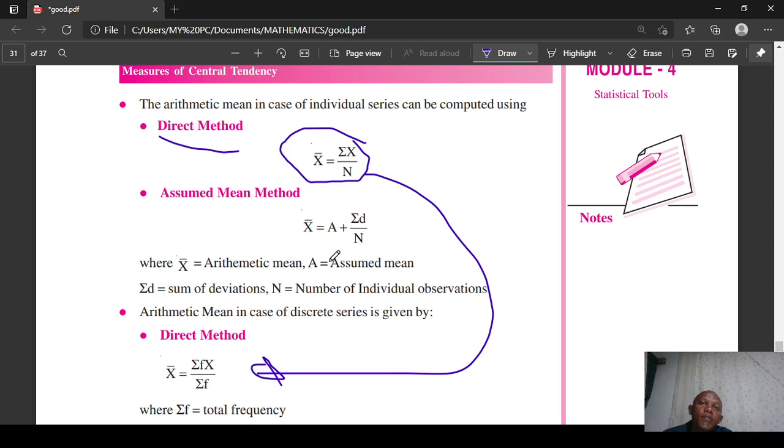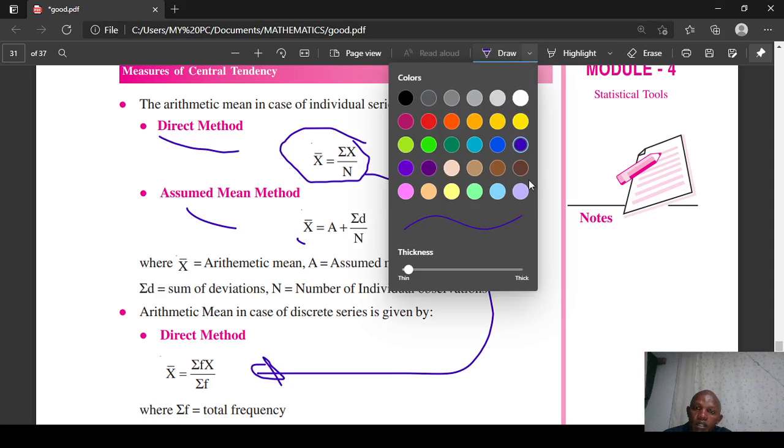You can also have the second method, where we say it is the assumed mean method, and we said it is x bar equals the assumed mean plus the deviation from the assumed mean over n. And actually we say that d is what we called x minus a.